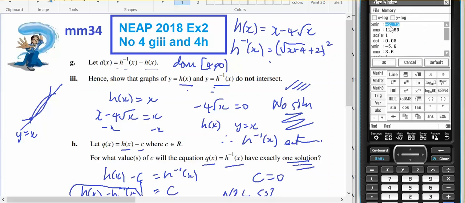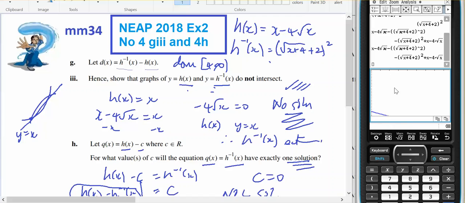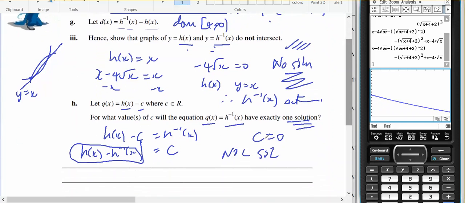So what I'm going to do is make that from 4 to 12. I'll make the minimum value negative, say, 30, and the maximum value 0, so I can see where the x-axis is, and I can see this. Now, if C equaled that value, then I would have one intersection point of H of X minus the inverse equaling C.